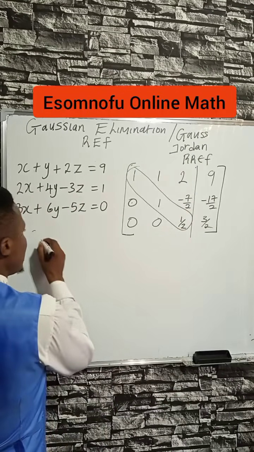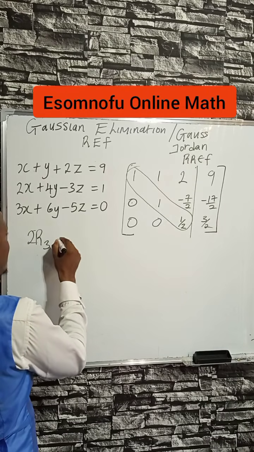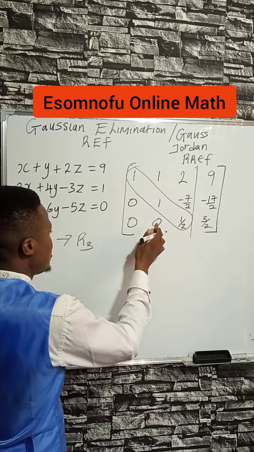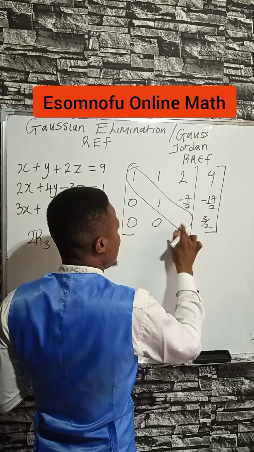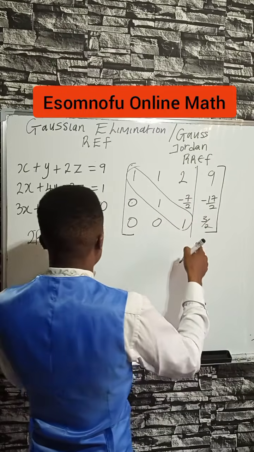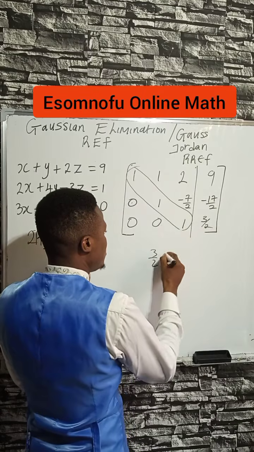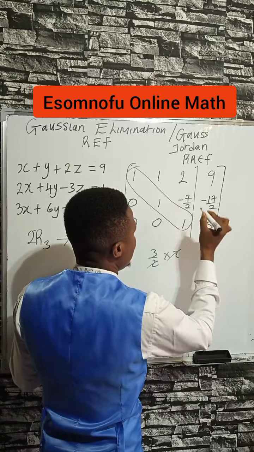So we multiply row 3 by 2 to give us our new row 3. 2 times 0 is 0, 2 times 0 is 0, 2 times half is 1, and 3 over 2 times 2 will give you just 3. So here is now 3.